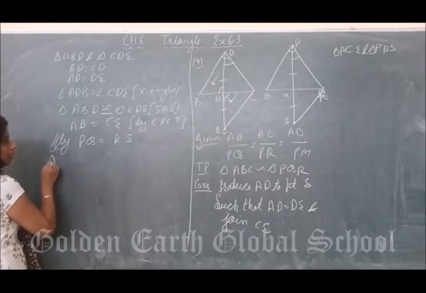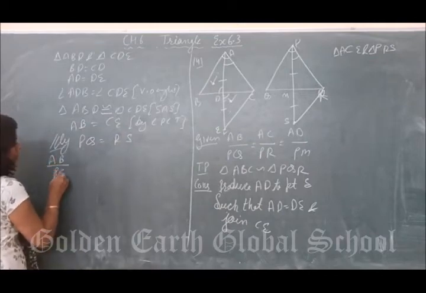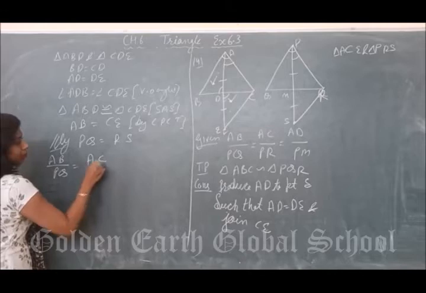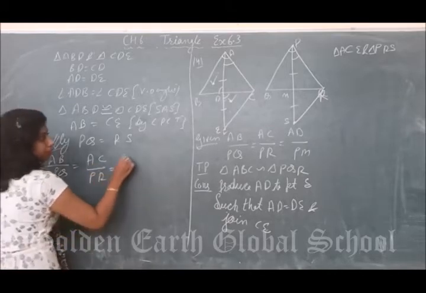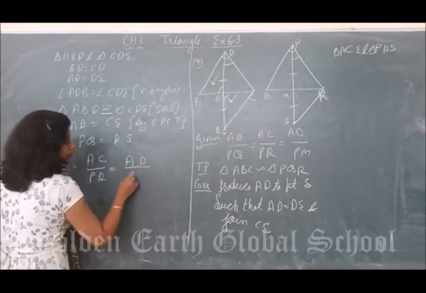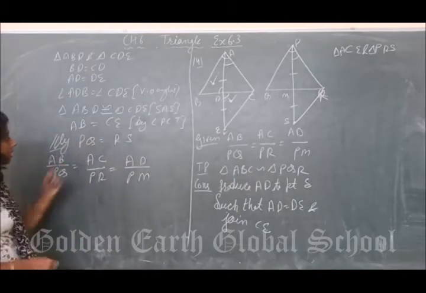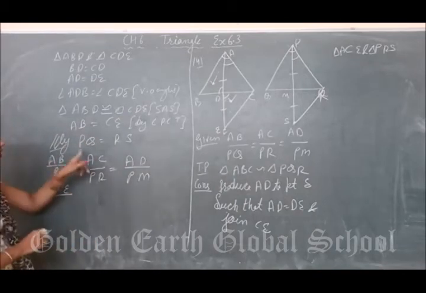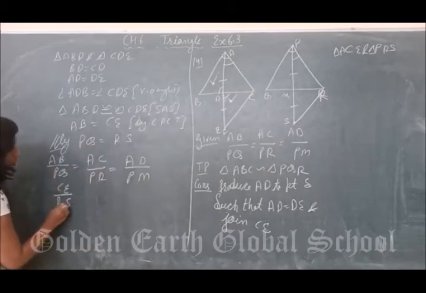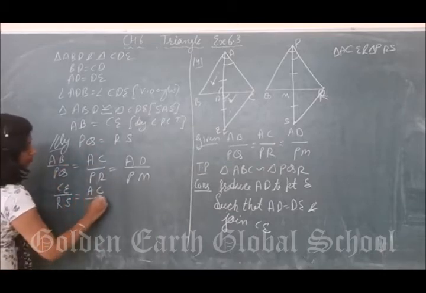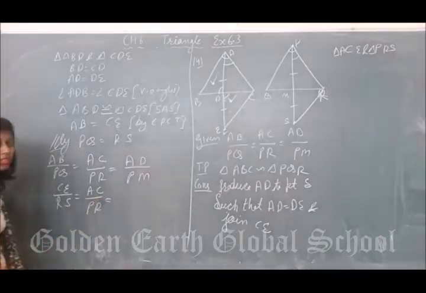Now consider the given term AB upon PQ, AC upon PR, AD upon PM. So replace AB by CE, PQ by RS, the center term the same.